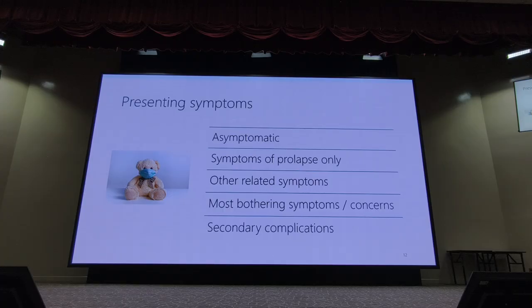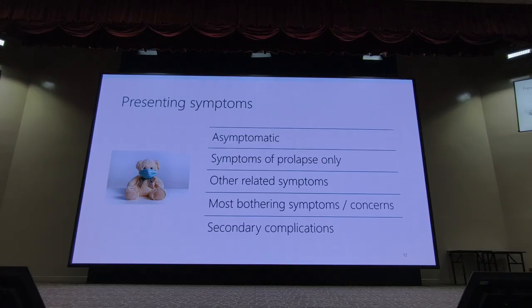Your plan will be very much different. And what is it that she is most bothered by, what she is most concerned about? Sometimes you may see a patient who doesn't complain of anything despite having a stage 4 prolapse. Do I do anything or not?